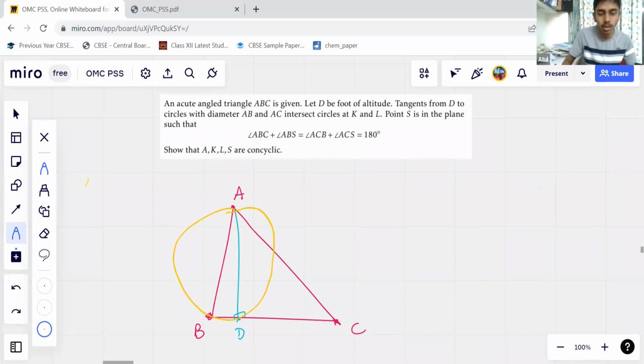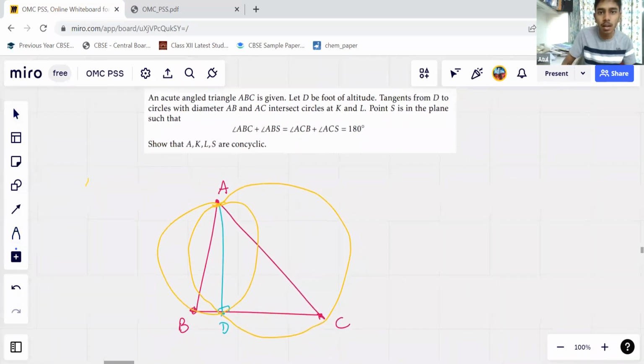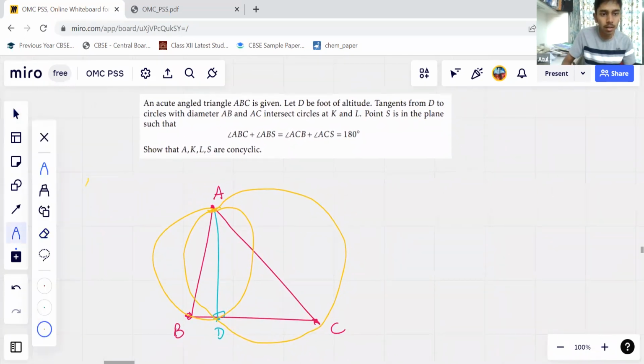Because of the right angle, they both pass through D, as well as the other feet of altitudes. And now we draw these tangents, and suppose they intersect at K and L.